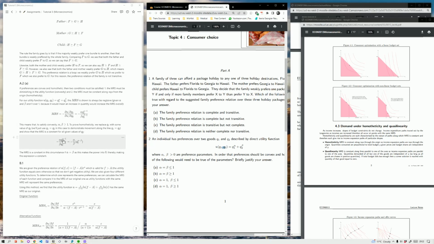Once you've cancelled these out, it gives you an expression, and this should be a constant. The only thing limiting it being a constant is the power here, alpha minus beta.